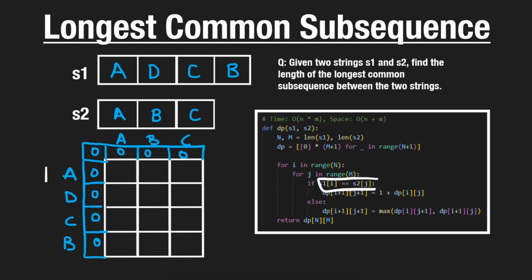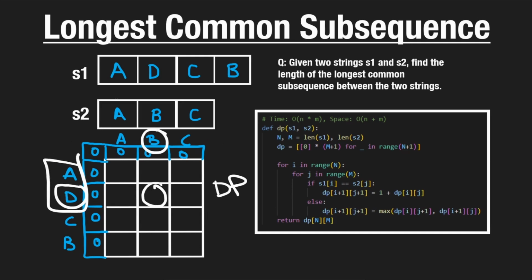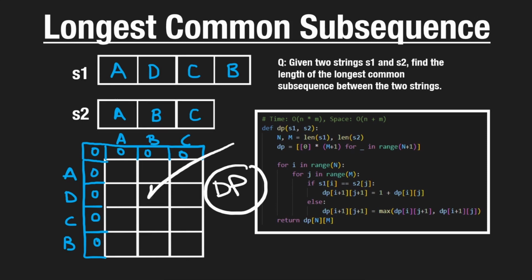That's perfectly fine. But when we're accessing this grid, which I've named DP, and we're storing the value, for example here, the LCS between these two substrings, we want to offset it by 1. If we're at the second character, we know that this D and B are at index 1 in the input strings, but when we access the DP grid to store the value here, we're going to add 1 to both the row and the column.